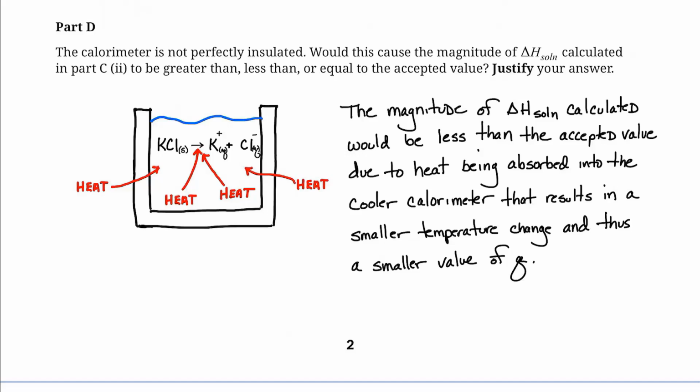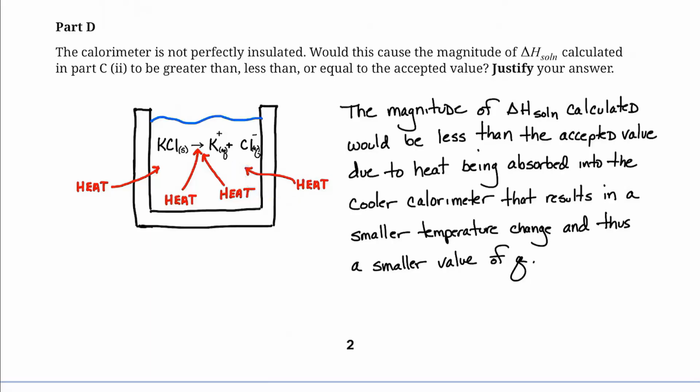In this case, because the calorimeter is not perfectly insulated and the temperature inside the calorimeter is dropping, that means that the heat is going to be able to flow from the cup and the surroundings into the colder solution.